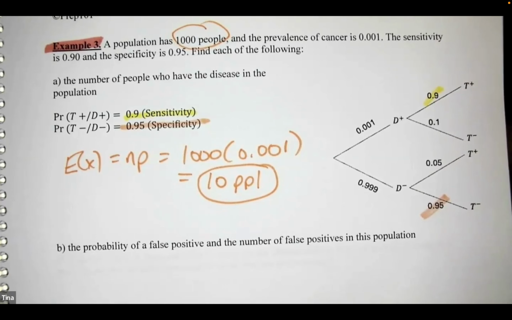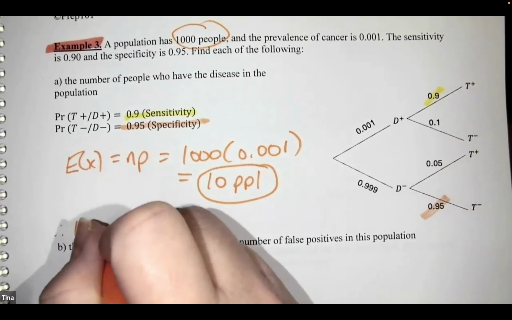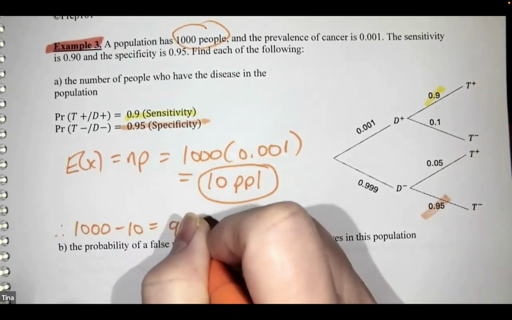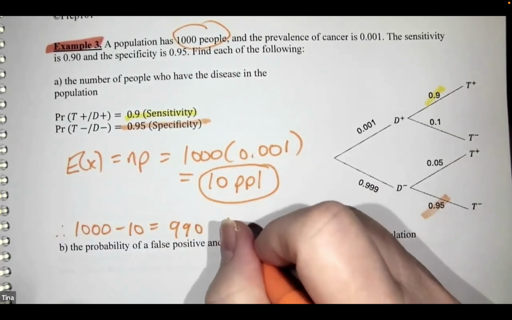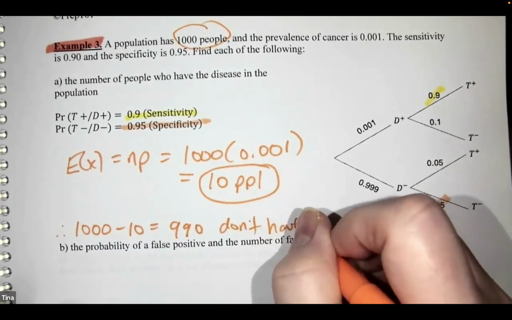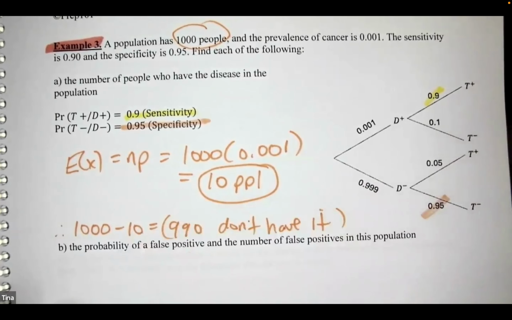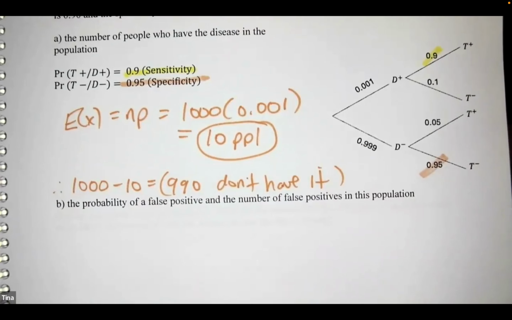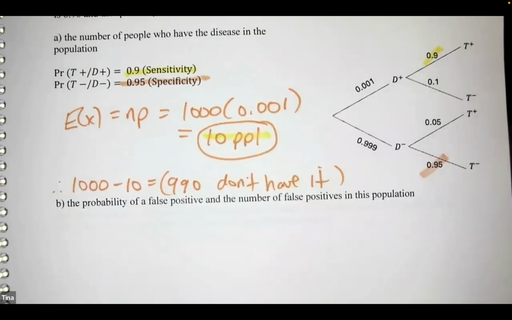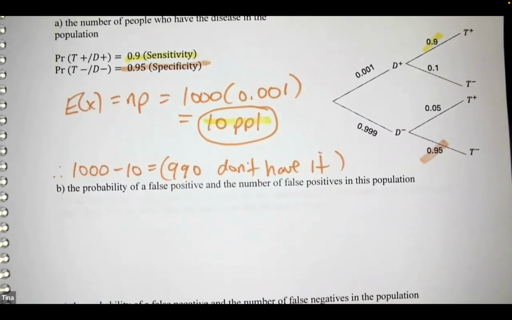If we want to know how many don't have it then, which we'll need in a further question, then really it's 990, right, who don't have the disease. Okay. So you didn't need that for part A. This would be the answer for part A, but this we're going to need shortly in the next one.